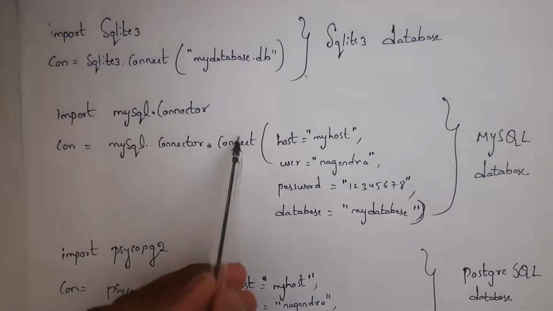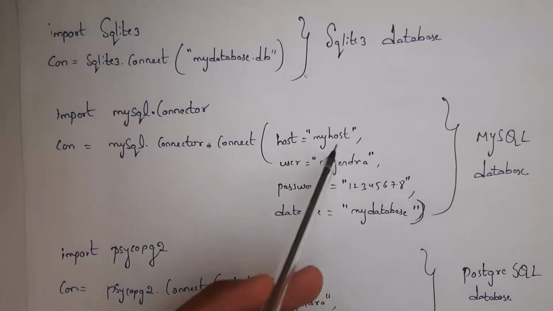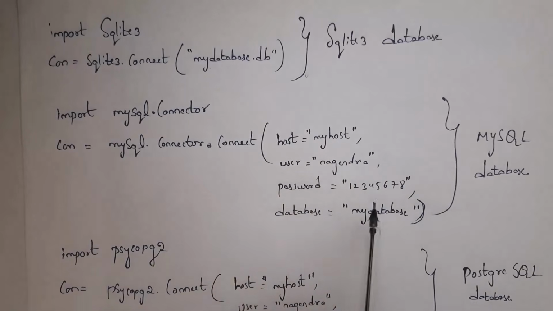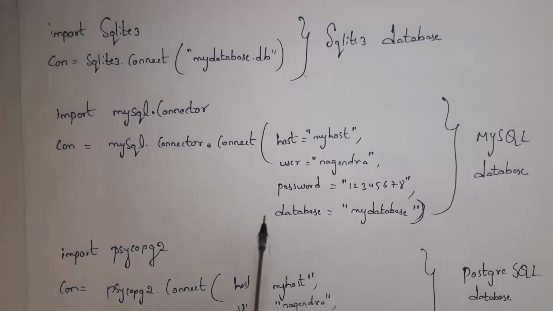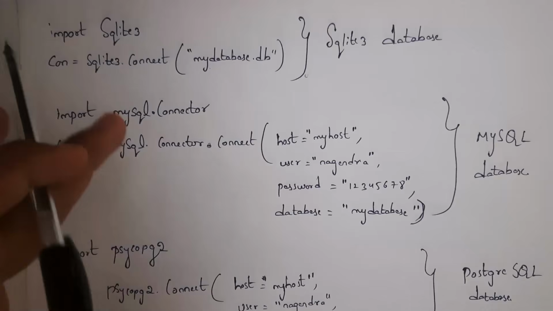This connect method contains 4 parameters. They are host, username, password and database. Where host is the host name, here I am giving the host name as myhost, and similarly username is Nagendra, password is 12345678 and database is nothing but my database name. I am giving my database name as mydatabase. Just in place of writing these 2 lines, you need to write these 2 lines and rest everything is same.